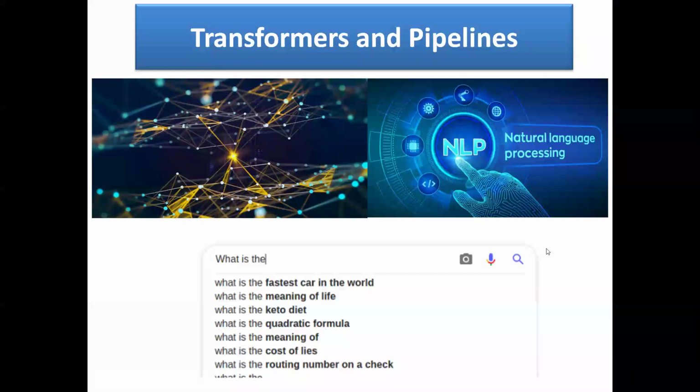You might have seen in classical search engines, when we search on Google and give a particular prompt or keyword, we are given suggestions of upcoming words. That is also implemented using transformers and pipelines.